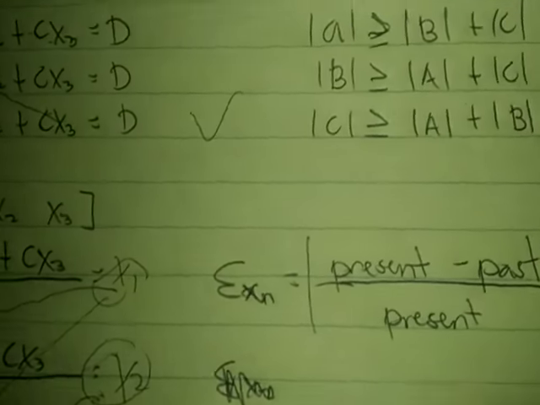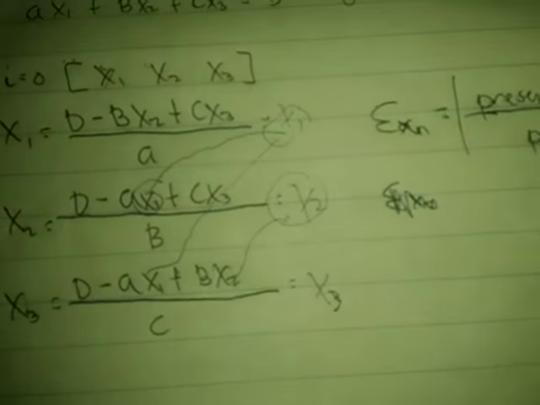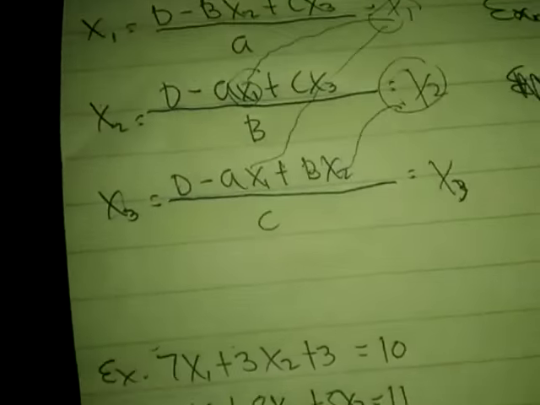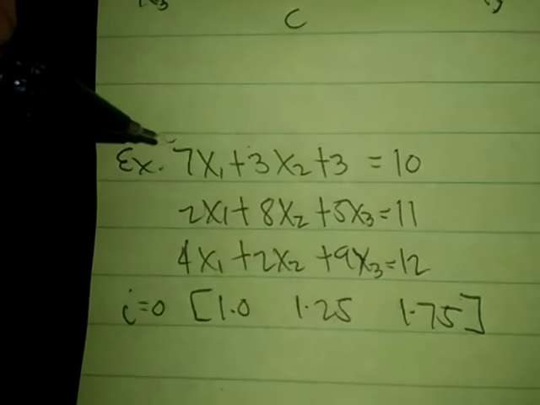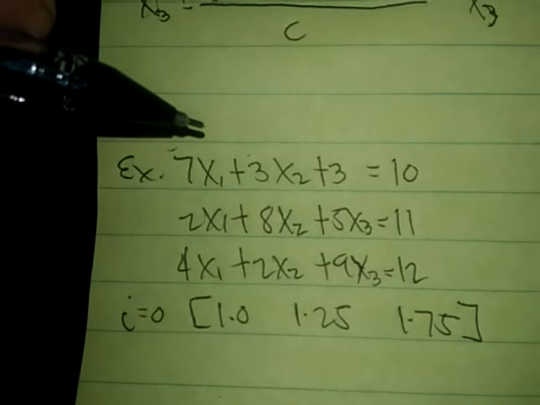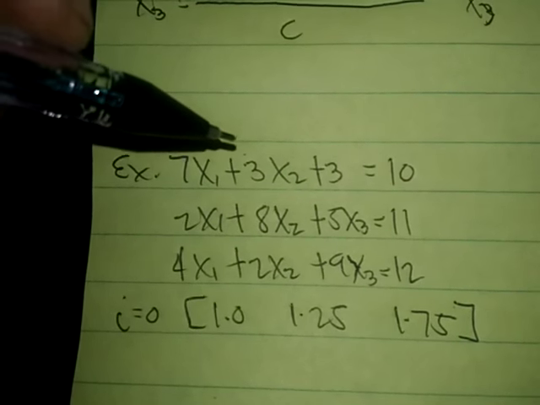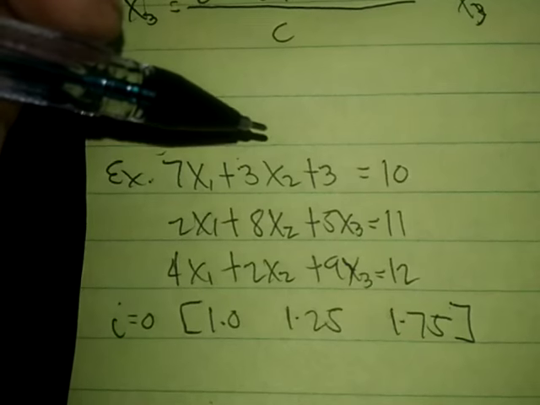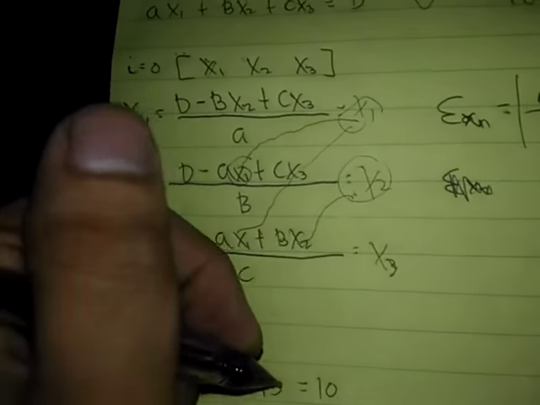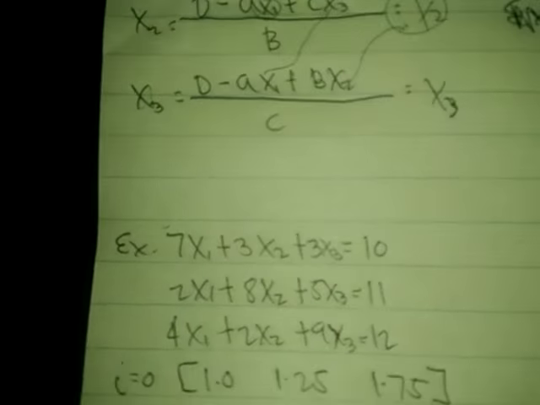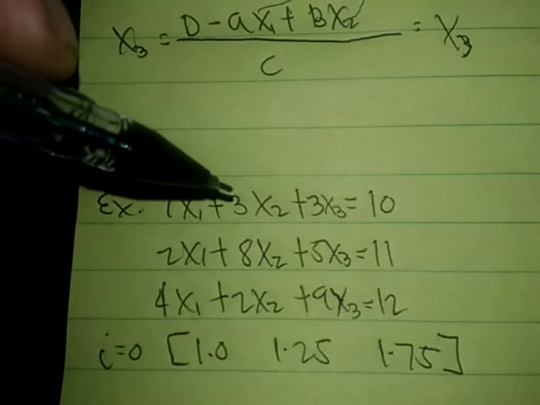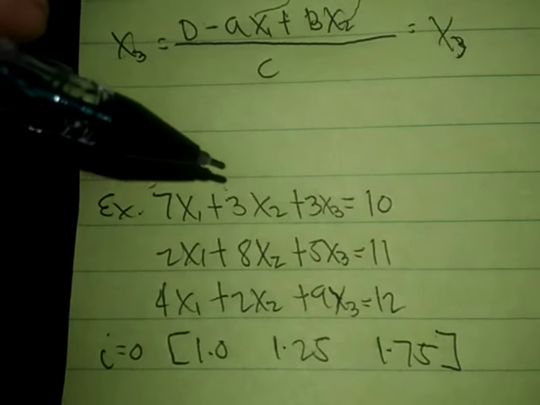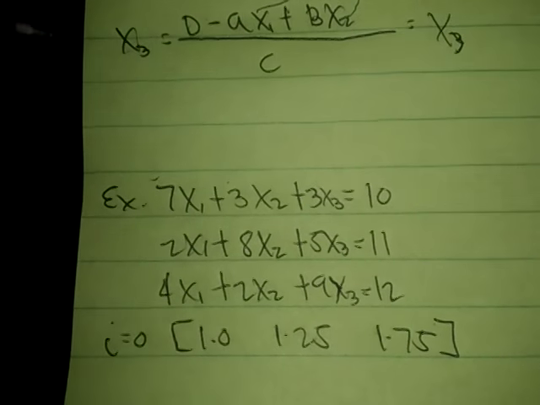So para mas maintindihan pa natin, gawa tayo example. So yan. Example natin is first equation, 7x1 plus 3x sub 2 plus 3x sub 3 is equals to 10. So second, 2x sub 1 plus 8x sub 2 plus 5x sub 3 is equals to 11.